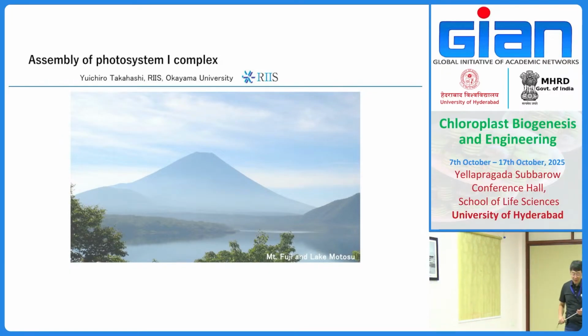I took this from my presentation at some conference, so it is slightly different. I show you the highest mountain in Japan, the volcano, Mount Fuji. It's summer, so it's not covered with snow.